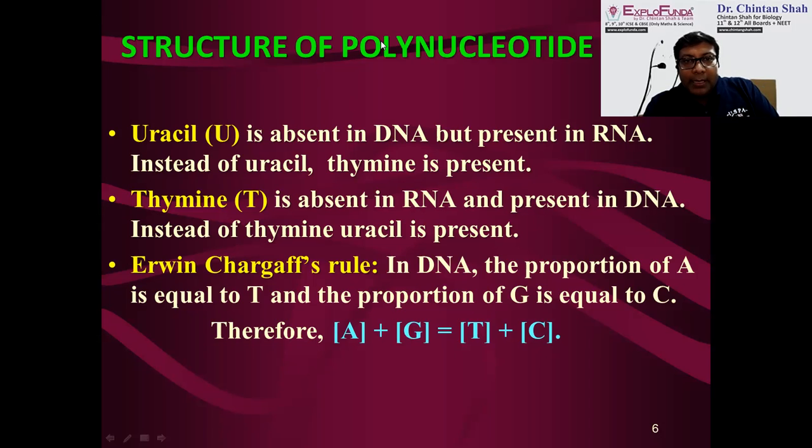Let me write down U in a fashion. U is connected with R. So instead of uracil, thymine is present in the case of DNA. So thymine is absent in RNA and present in DNA. Instead of thymine, the uracil is present.